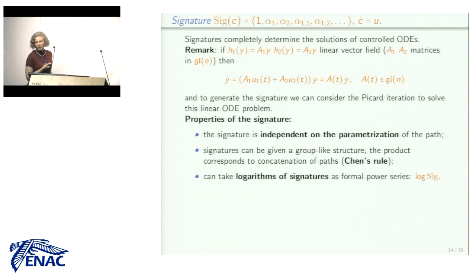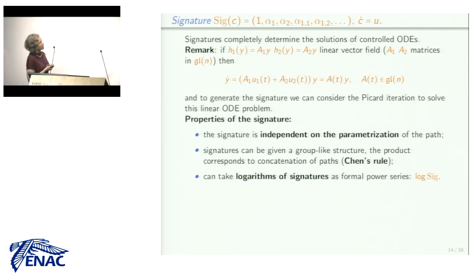Another important property, which is very fundamental, is that the signature can be given a group-like structure. This comes from a famous result by Chen. It's called Chen's rules, because this group-like structure corresponds to the product of concatenation of paths, okay?